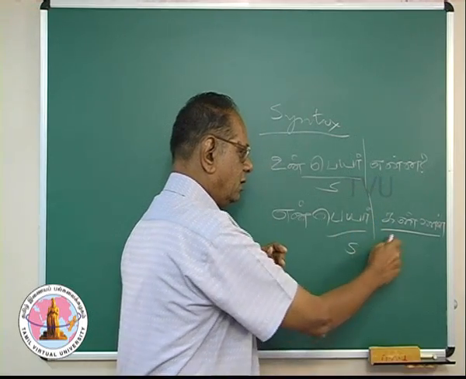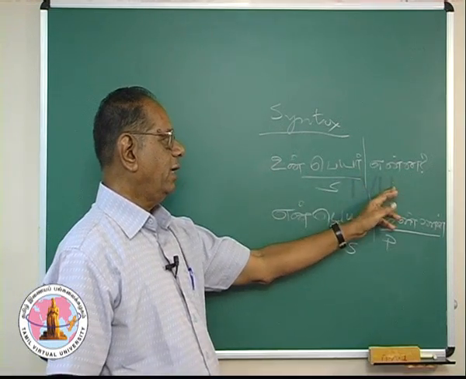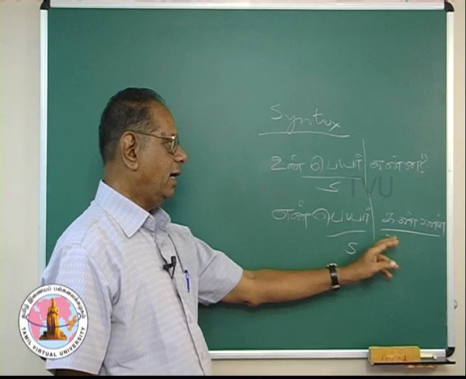This is the subject and this is predicate. உன் பெயர் என்ன? என் பெயர் கண்ணன்.